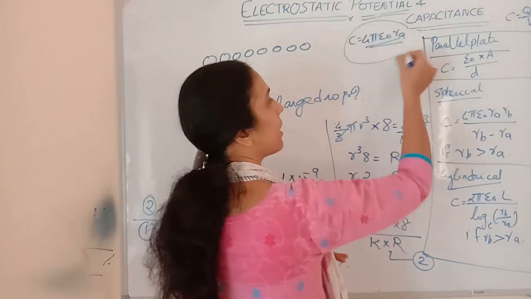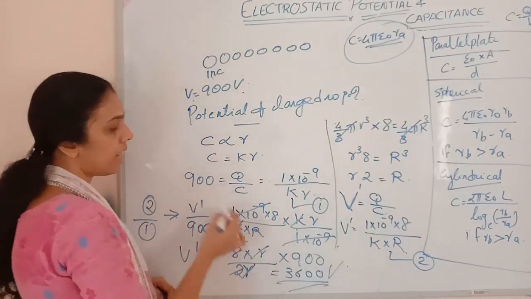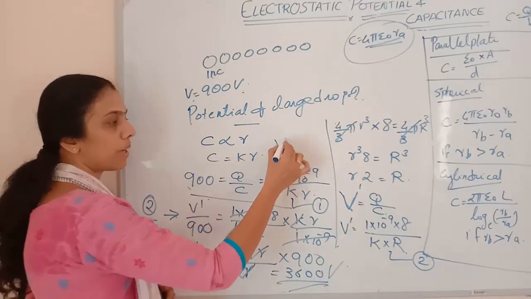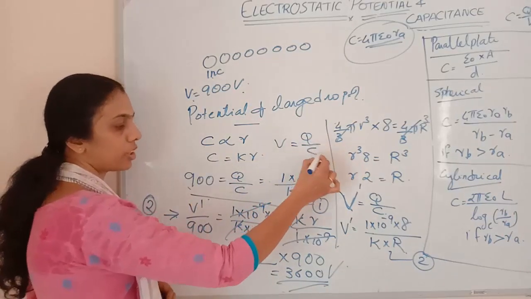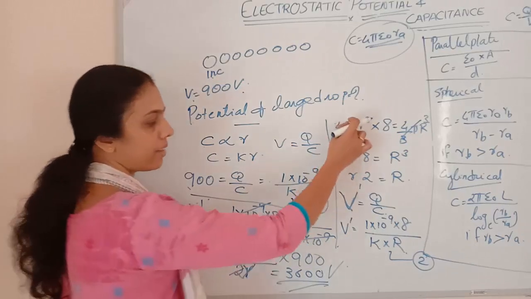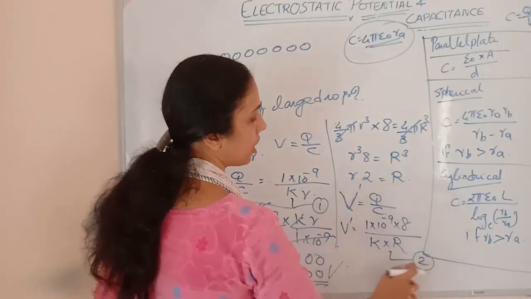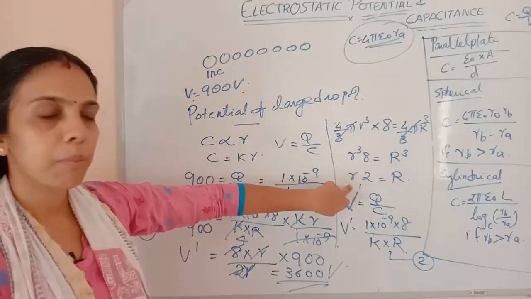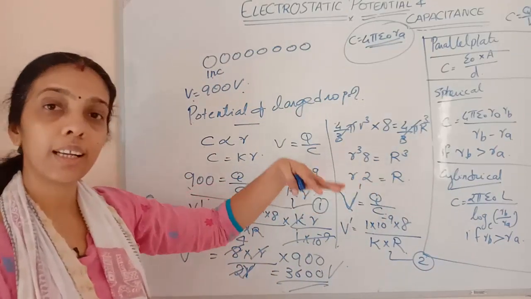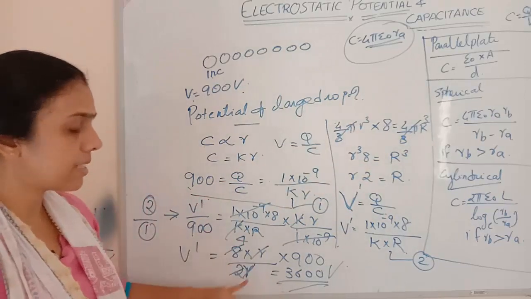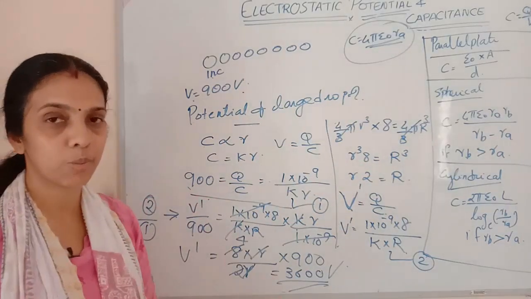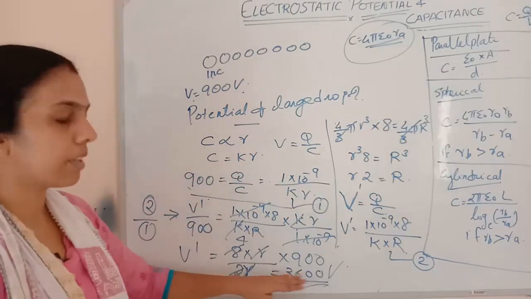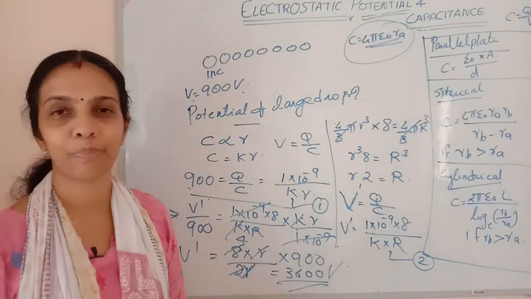So we can take that equation and find out the potential, V is equal to Q by C. Find out the potential for a small drop, and same way we can find out the potential for large drop. So why we are taking this one? Because we need a relation connecting capital R and small r. Otherwise it will stuck here in capital R and small r. That is why volume is equal, and we can find out V dash value easily.